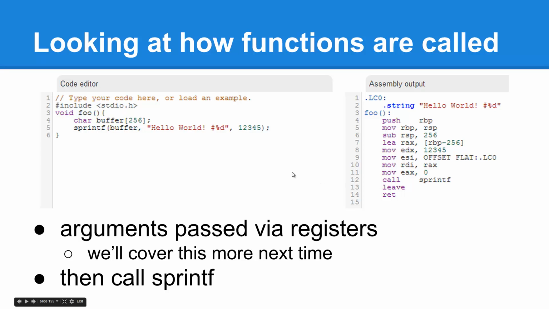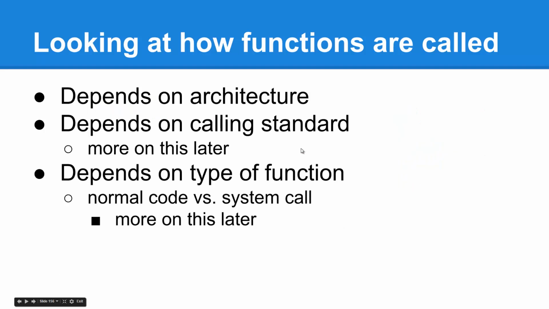Eventually, it will spill over onto the stack because there's a limited amount of registers, and you can theoretically have an unlimited amount of parameters per any format string function. So again, the way functions are called depends on the architecture, depends on the calling standard, which is dictated by the operating system, and also depends on the type of function, because normal user space libraries differ drastically from, say, an operating system call. But we're going to cover that in depth later when we get to the exploit development lectures.